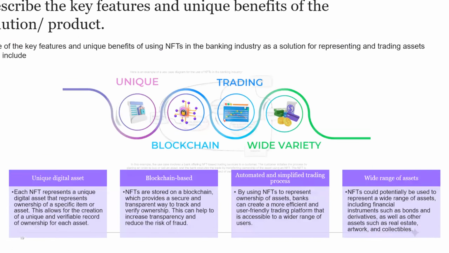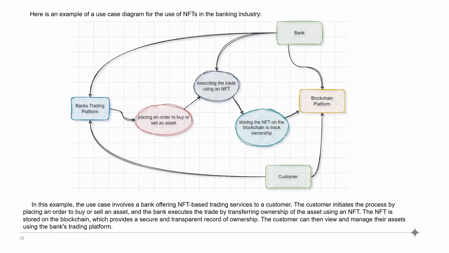Next, we are describing a simple use case scenario. Firstly, a blockchain platform will be developed, and it will be accessed by both banks and customers. Banks implement a trading platform by displaying their products, and then customers can place an order to sell or buy assets using the trading platform.